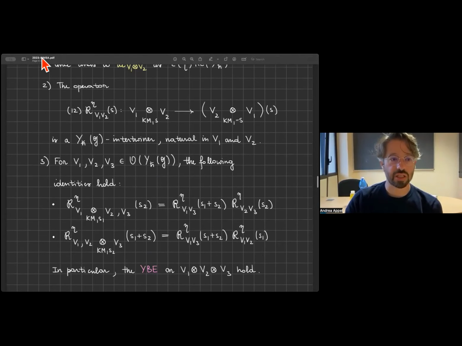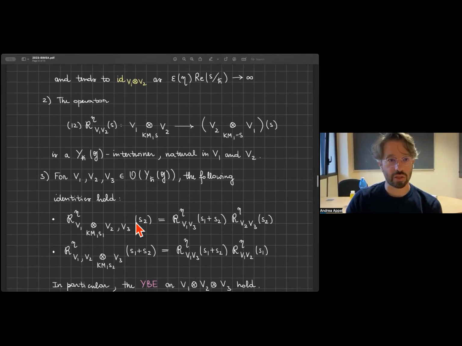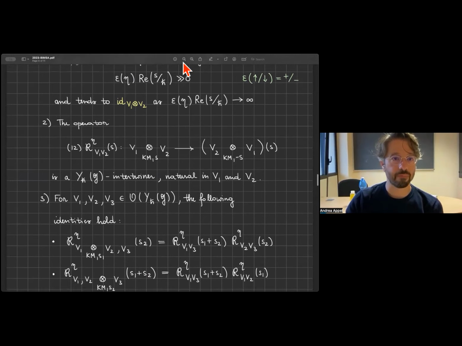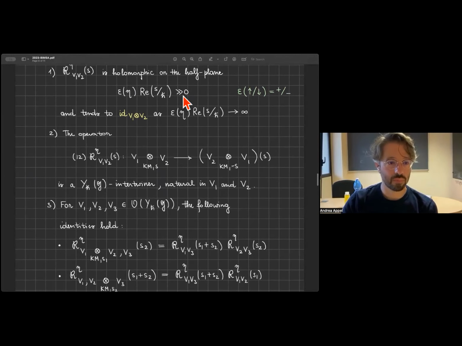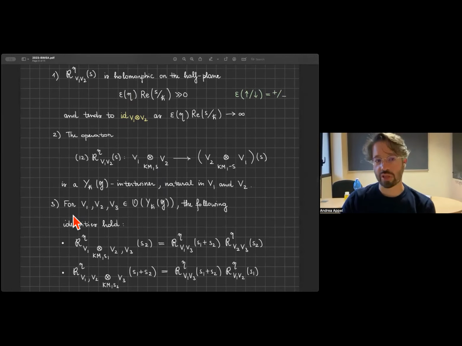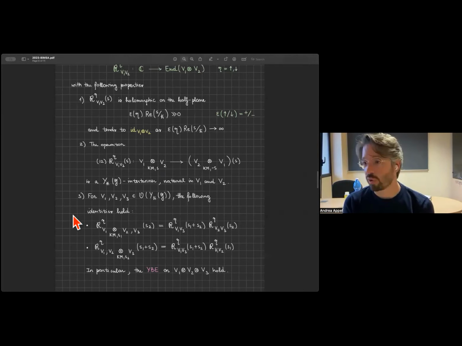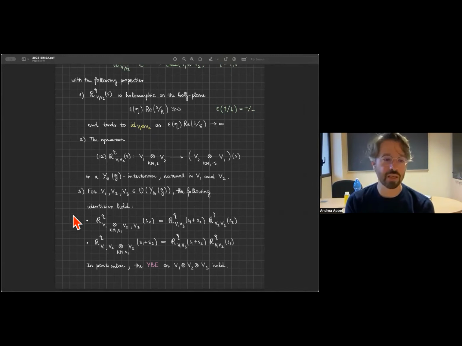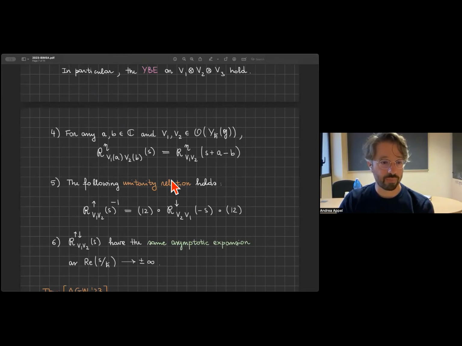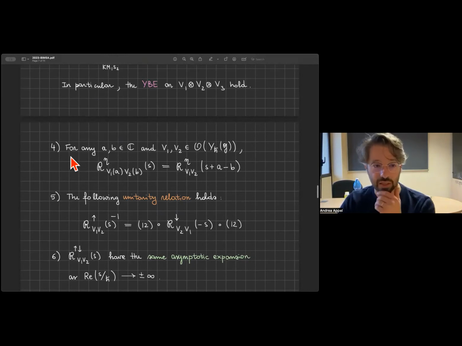So these three properties more or less is what you would call again a meromorphic braiding, but then we throw in some extra property that now corresponds to the fact that this operator is constructed in a certain way and has a certain form, and this is also some property probably you have seen already other times.